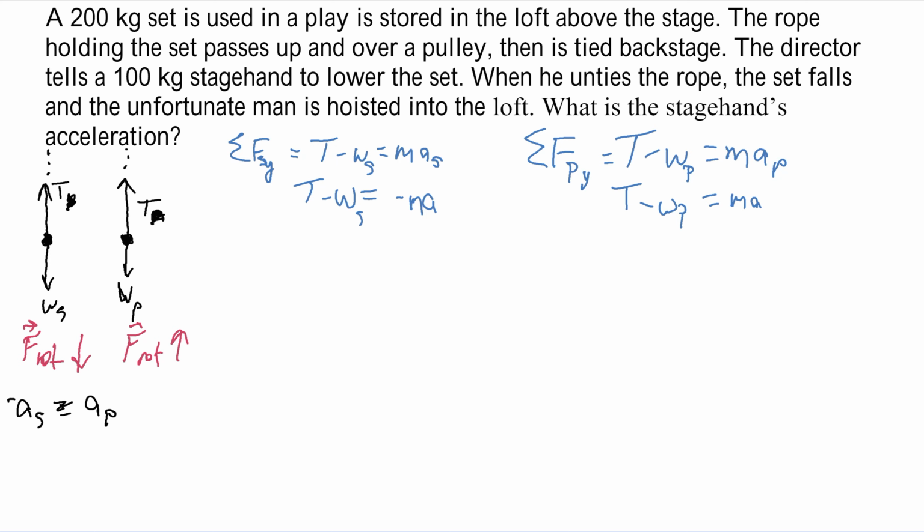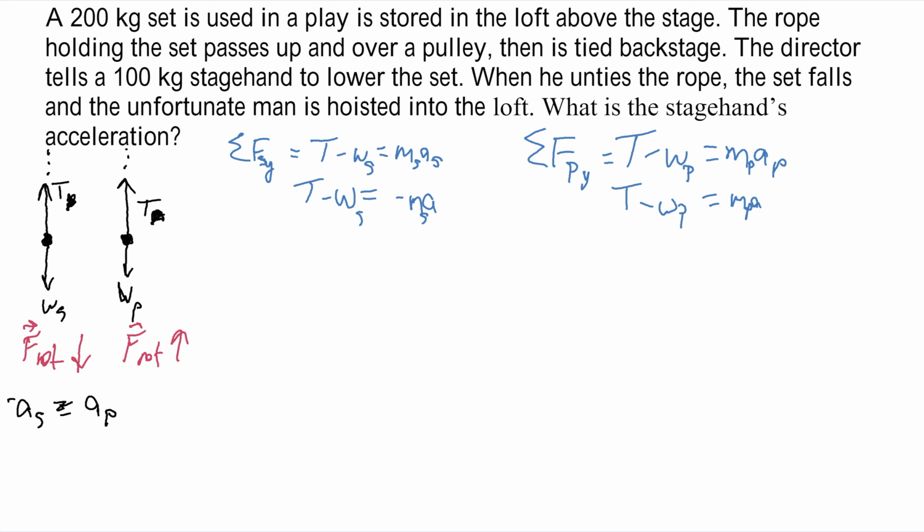You can solve one of them for a. And I should be using the subscript here also: m_S, m_P. Sorry, a little sloppy with my notations. So we know everything except for tension and acceleration there.